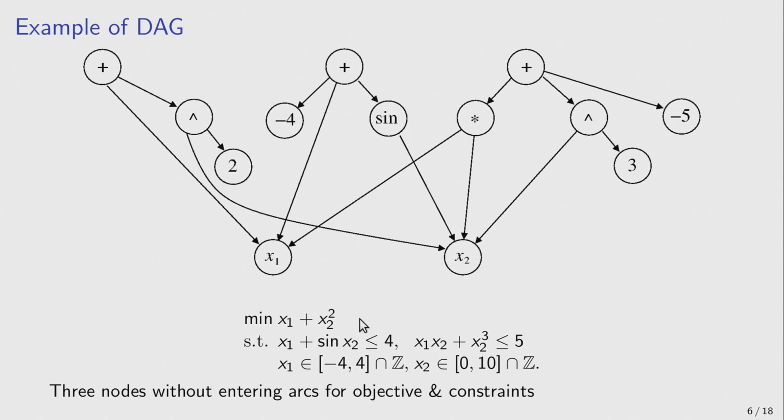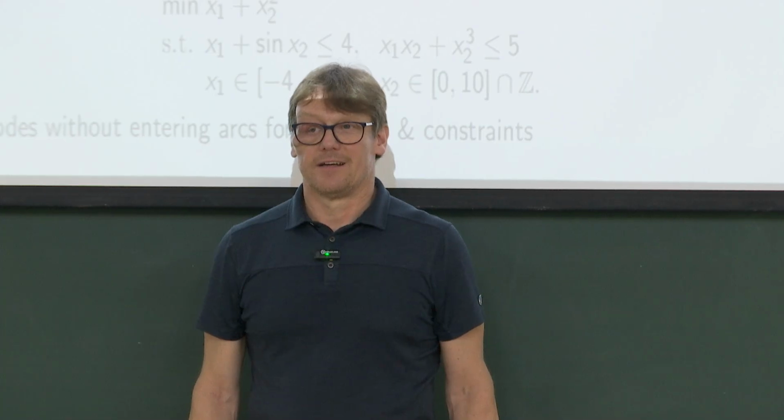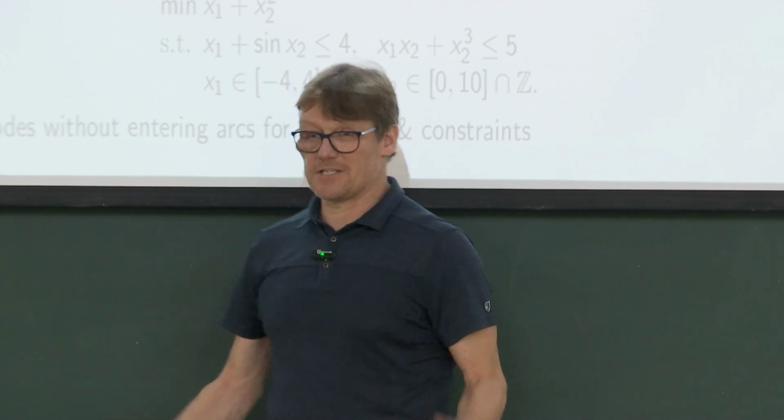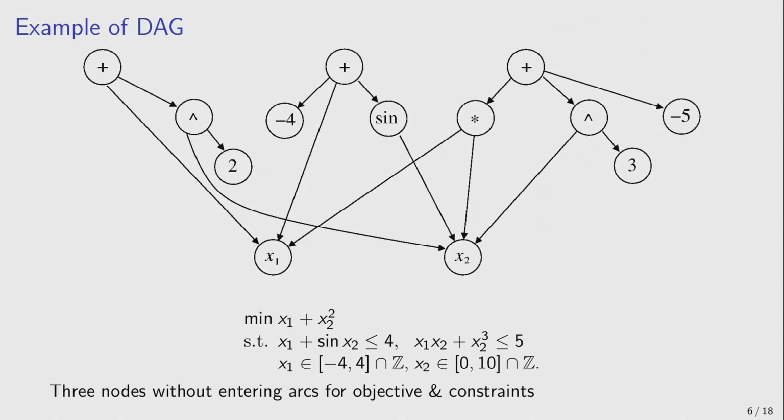So can somebody tell me which of these three functions up there is the objective function? Left, right, or the middle? Which one? The first one. Okay, correct. So the first one is x1 plus x2 squared. That goes in there. And then I have two more nonlinear functions.